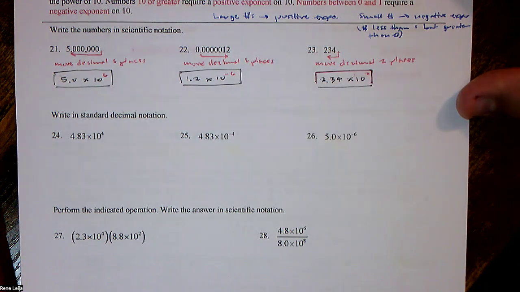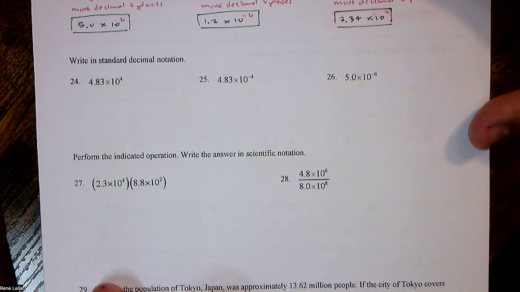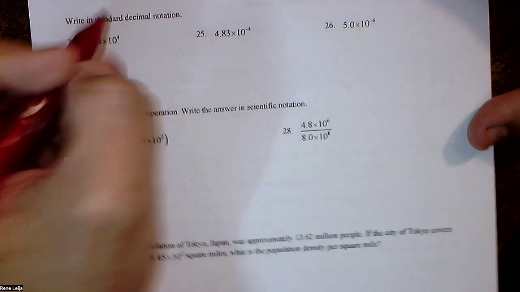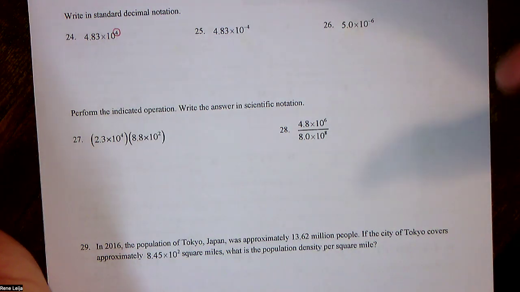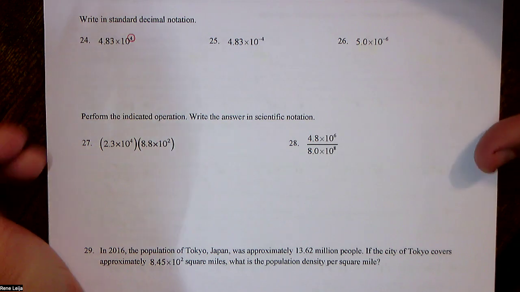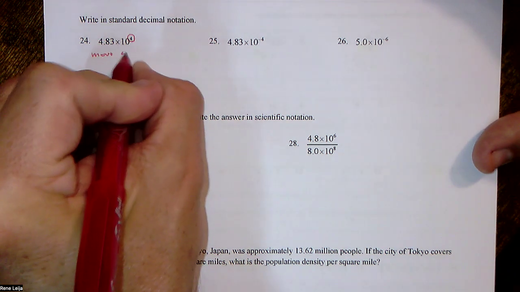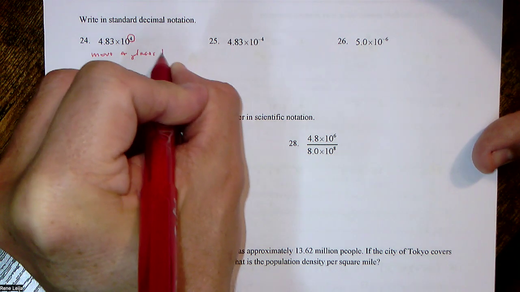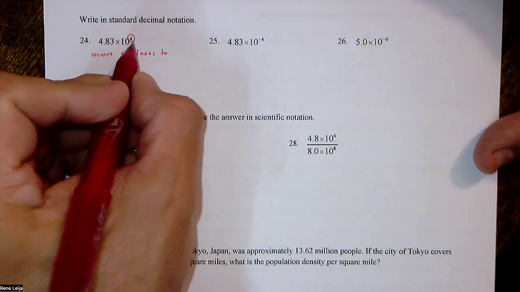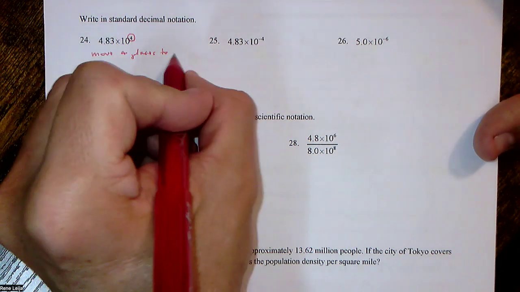All right, now we're going to go the other way. Now I'm going to give you scientific notation, and we're going to turn this into decimal form. I notice that we have 4.83 times 10 to the fourth. This tells me how many places I'm going to move my decimal. I'm going to move 4 places. I need this number to get bigger. It's a positive exponent, which means I'm going to have a big number. The only way I get a big number is if I move it to the right.